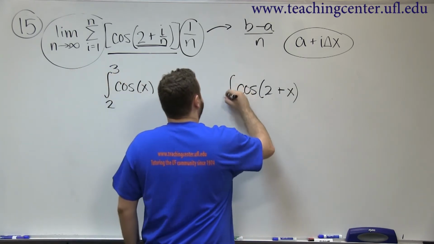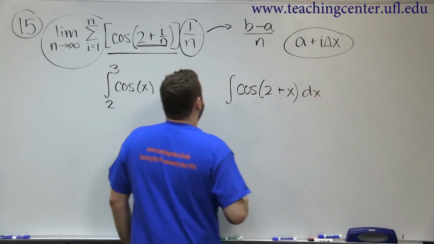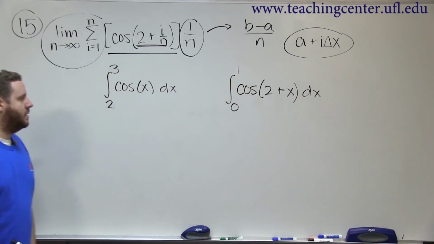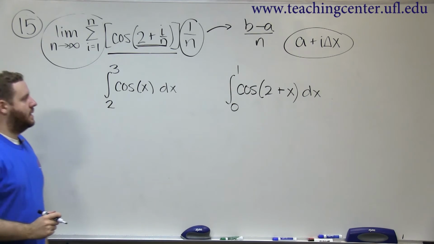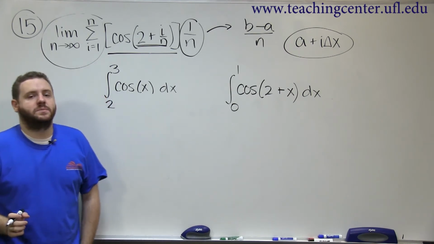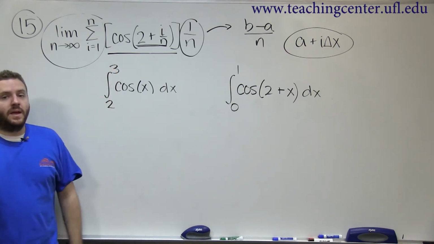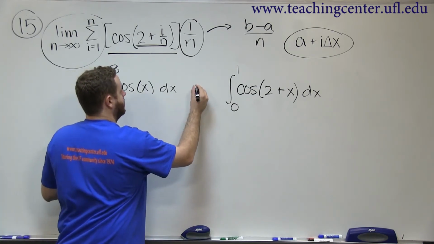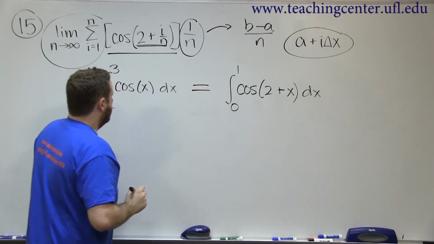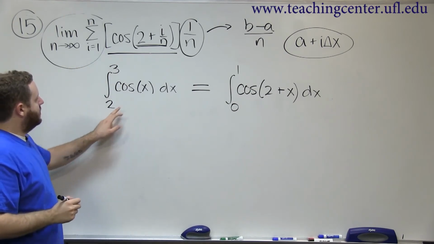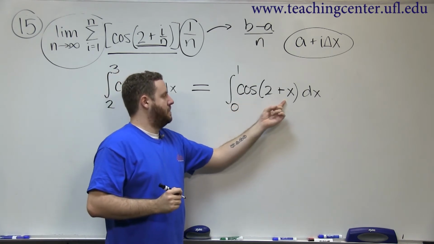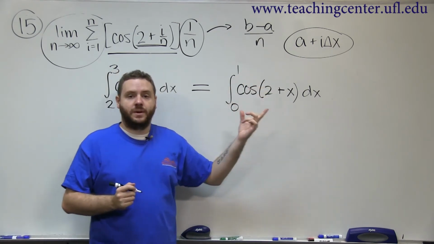So therefore, if that's my function, my interval could go from 0 to 1. This is also an acceptable version of this. And if you take a close look at it, these two things are actually the exact same thing. Because look what's happening here. You're going from cosine of 2 to cosine of 3. Here you're going from cosine of 2 to cosine of 3.